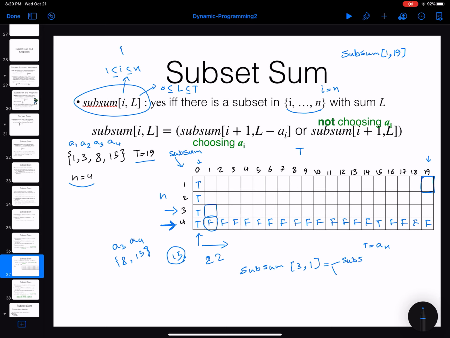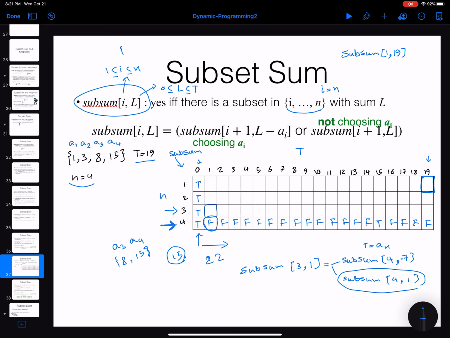Subsum for 4 and L minus A sub I, which is going to be 1 minus 8, which is 7 minus 7, or subsum of 4 and 1. This one is going to be false.